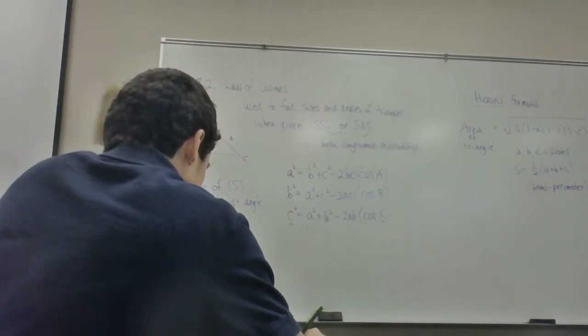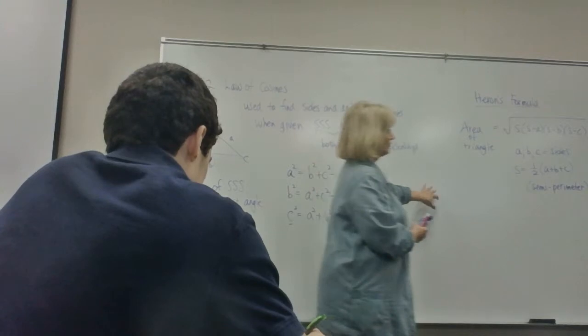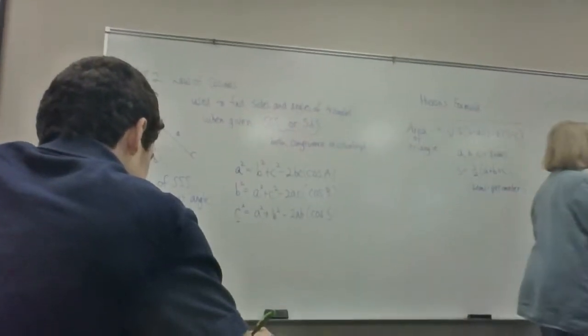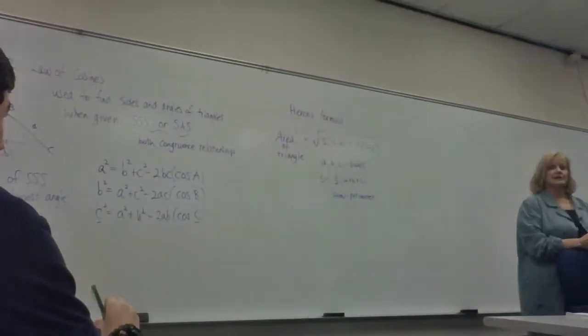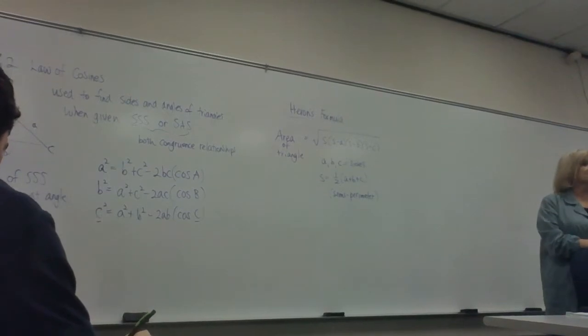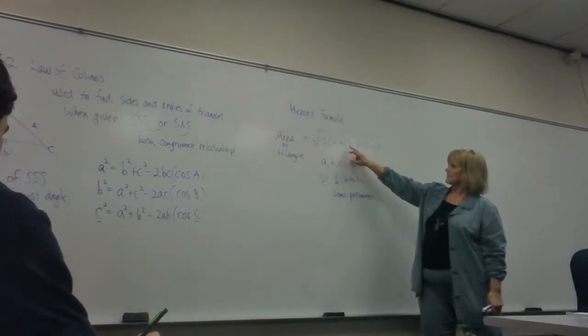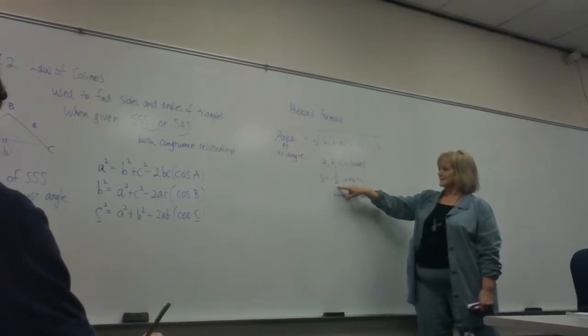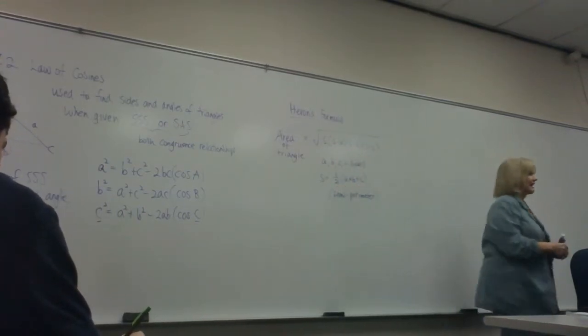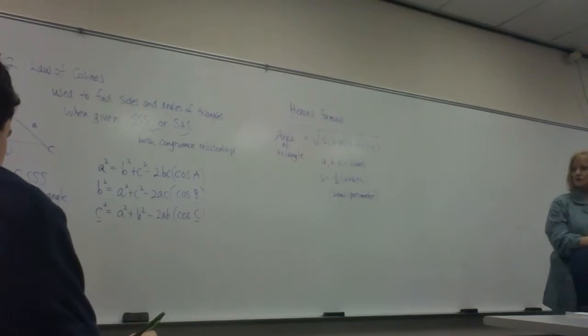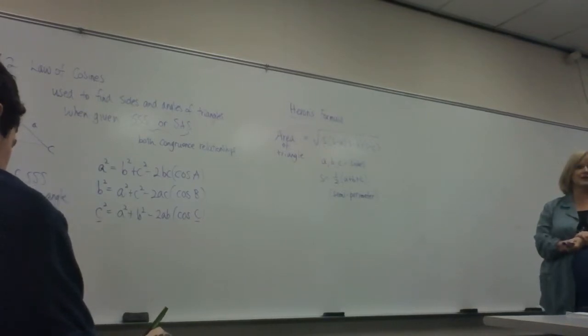Okay. We also have a new area formula today called Heron's. If you're in math club, or maybe you learned it in geometry last year. It's good for finding area when you know the 3 sides of the triangle, right? The A's, B's, and C's here represent the sides of the triangle. S is half of the perimeter, also called the semi-perimeter, right?